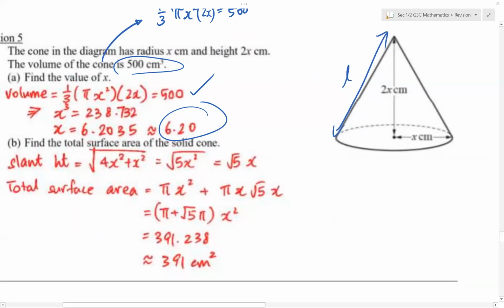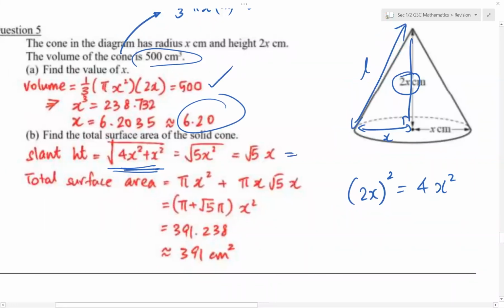So the slant height is found by square root of 4x squared plus x squared, because here we form a right angle triangle again, Pythagoras theorem. The base is just x. The vertical height is 2x. So when you square the 2x, take note, you get 4x squared, not just 2x squared. So in total, we have a square root of 5x squared.